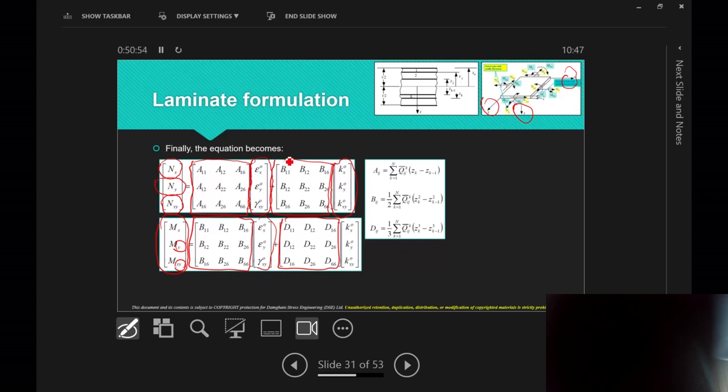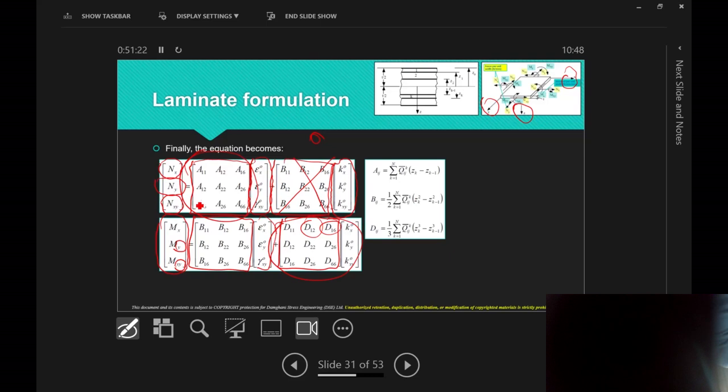The B matrix we call the coupling matrix, which is to do with the fact that when you extend something, it twists, which doesn't exist for metallics. So for metallics, really, that B matrix is 0. But you do have that A matrix. The D matrix is the bending matrix, as we call it, which does exist in both metallics and composites. But some of these components would be 0 for metallic material.